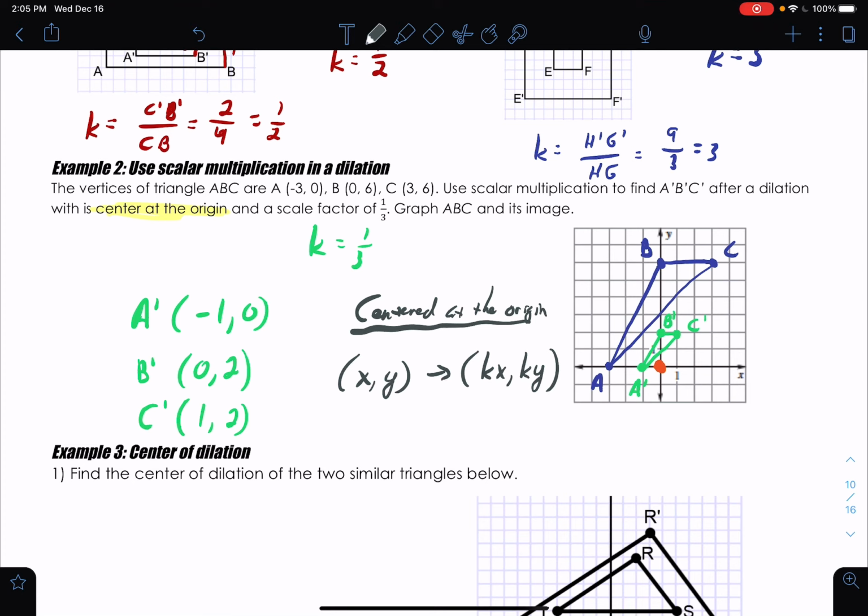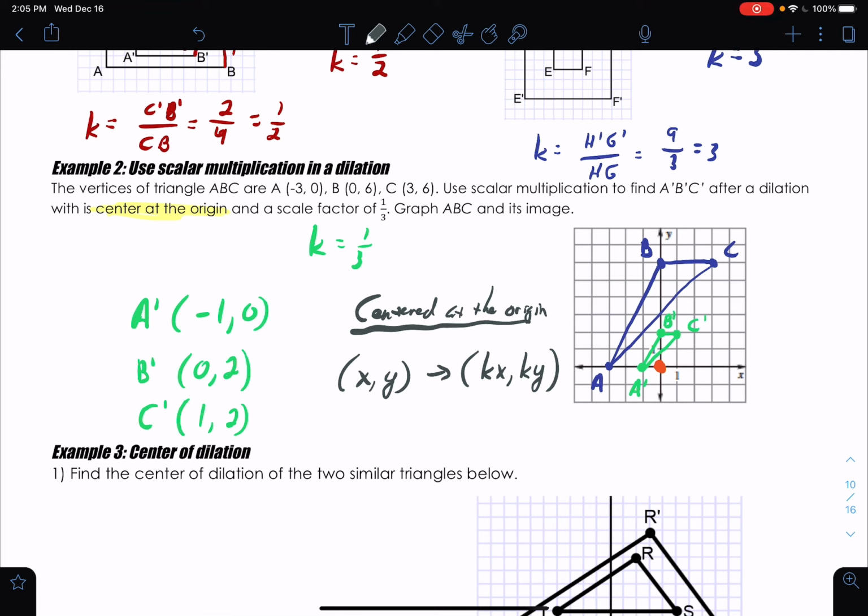We'll get to an example in a second when it's not centered at the origin. -3, 0, if I multiply both of those by a third, I get -1, 0. 0, 6, if I multiply each by a third, I get 0, 2. And 3, 6, multiplied by a third, gives 1, 2. So if your center of dilation is the origin, you can just multiply your coordinates by your scale factor.